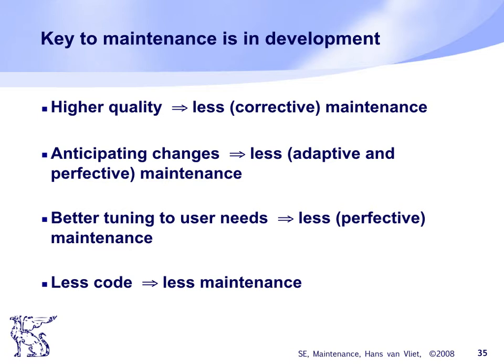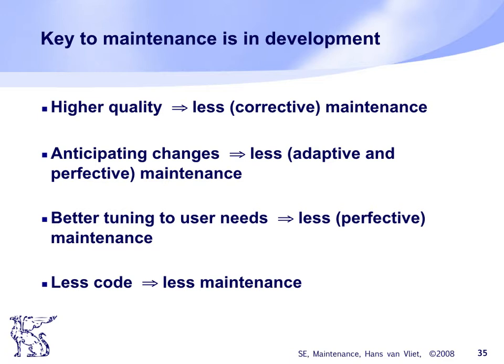The next one is better tuning to user needs. When a software is in operation and the users have better knowledge of the software, they might ask for an enhancement, a new feature.